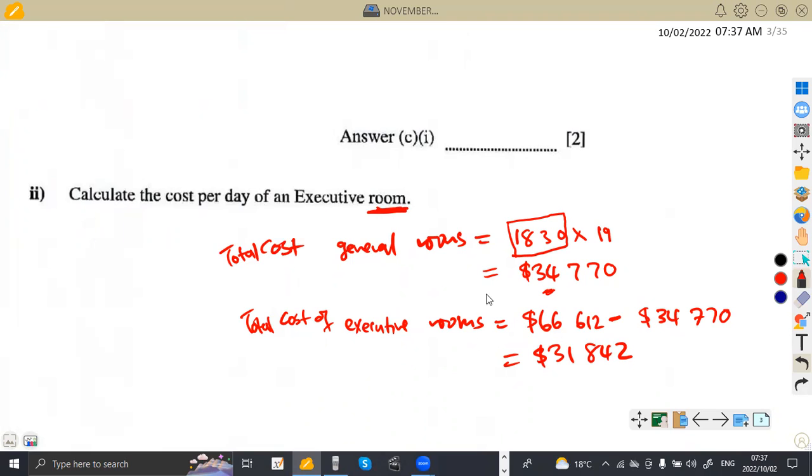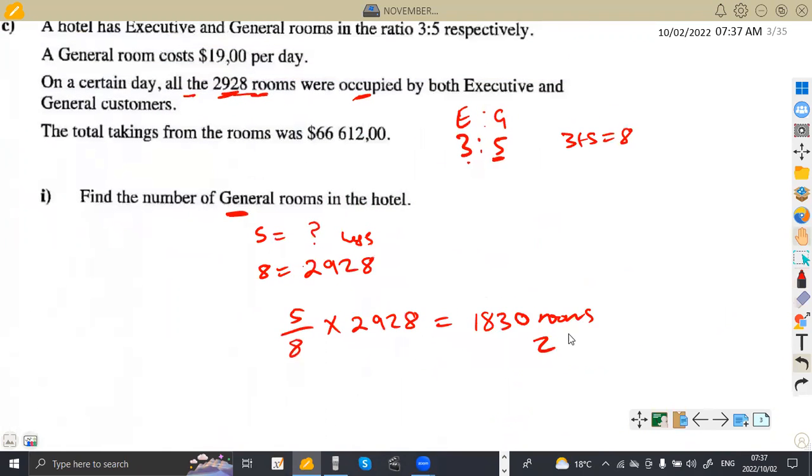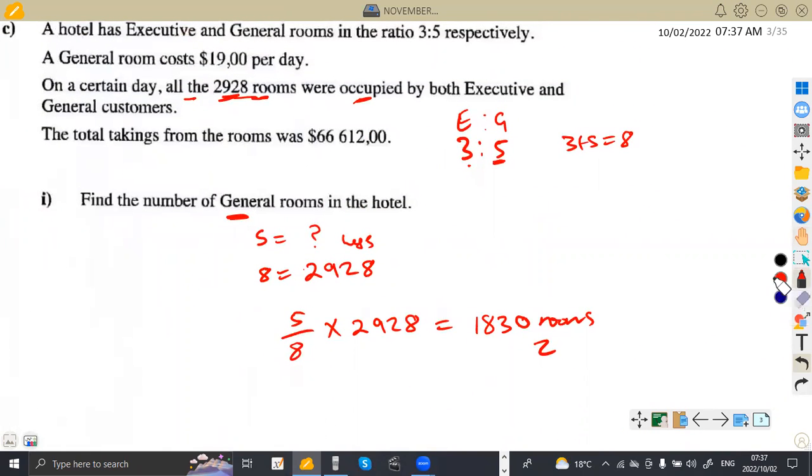This was the total cost of the rooms which we had. So in order for us to know the cost, we are going to ask ourselves, how many executive rooms do we have? Remember, the total rooms that we had was 2,928, and we said we've got 1,830 general rooms.